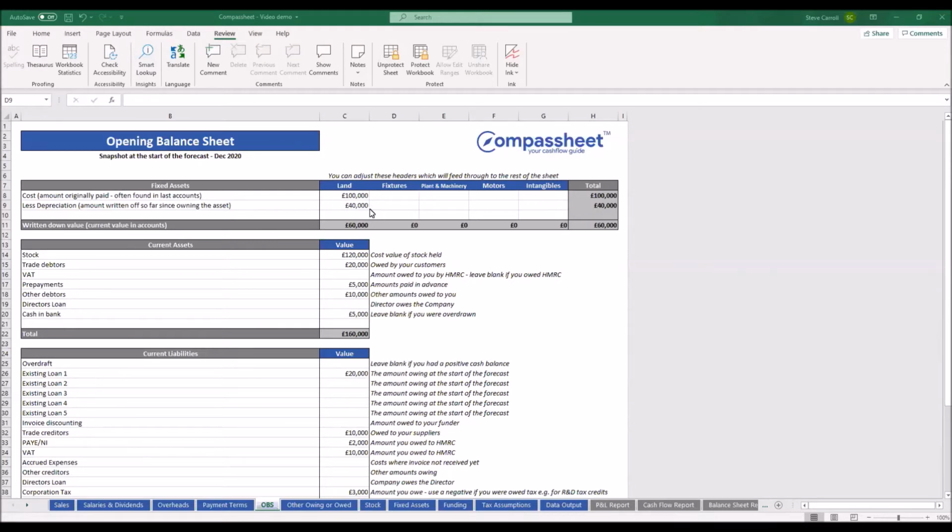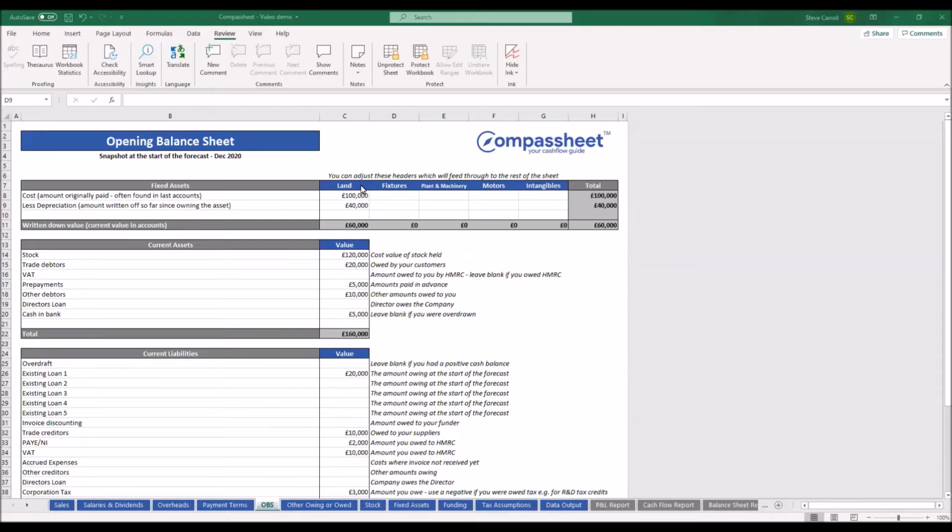If you're doing the forecast for funders, or if you're looking to get a loan and things, they'll expect these to go in because these will feed through to the balance sheet at the end. However, if you're confused or don't understand these and you're purely doing it from a cash point of view, because it affects depreciation, which isn't a cash item, you could not put stuff in here. But for a complete model, I would recommend that you do.